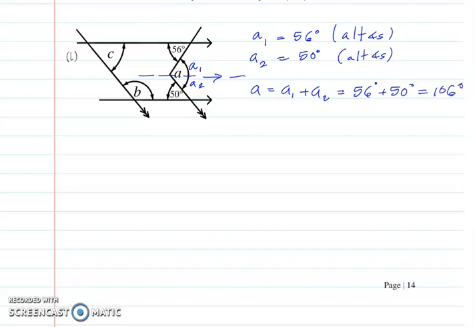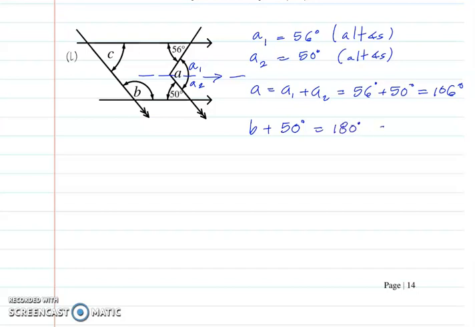B and C won't be so difficult. Now, B plus 50. Please note that there are two sets of parallel lines in this question. The double arrows are also indicating parallel lines. B plus 50 is equal to 180.